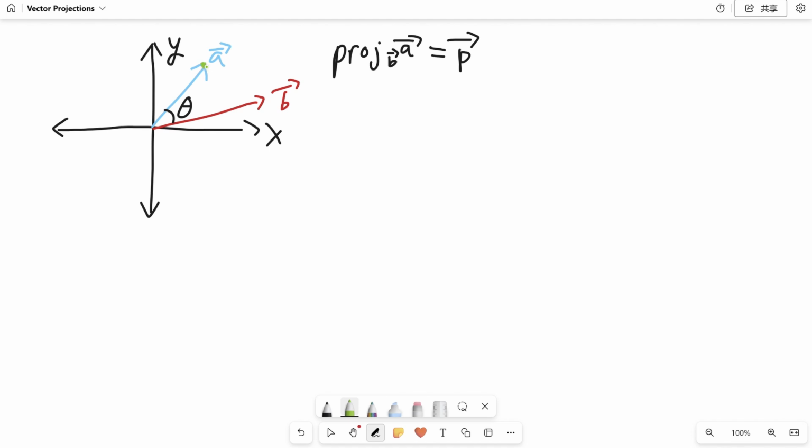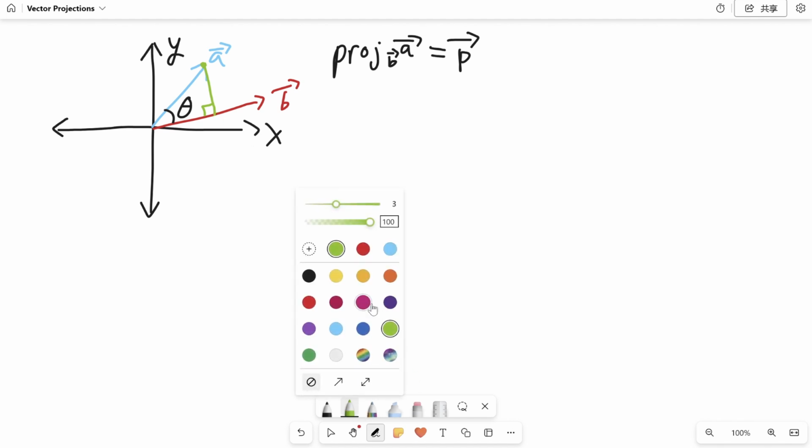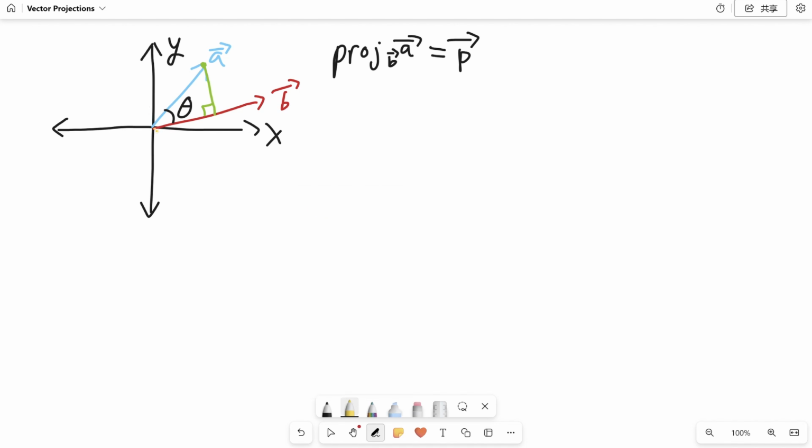We start at the endpoint of vector A, and then we draw a perpendicular line down to vector B. Then we land at this point. The resulting vector, starting from the origin and ending at this point, is vector P.